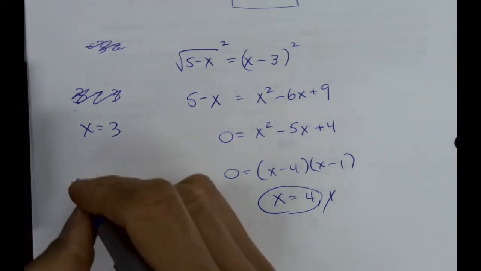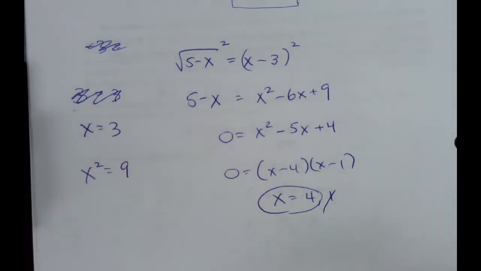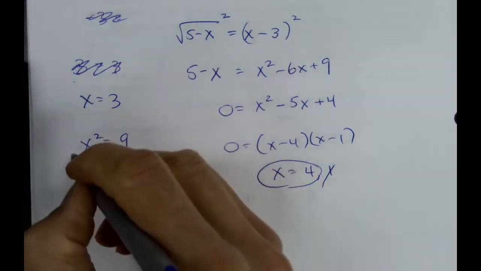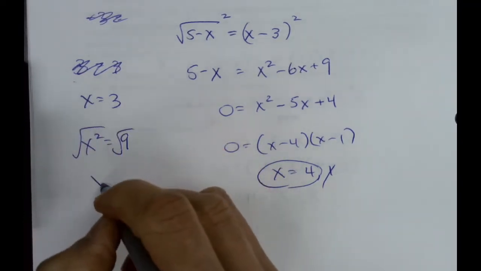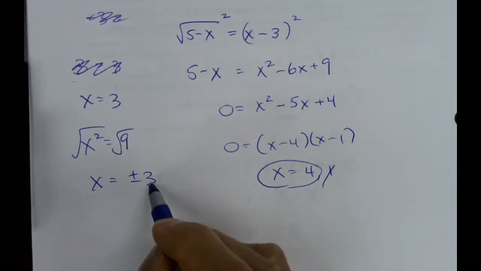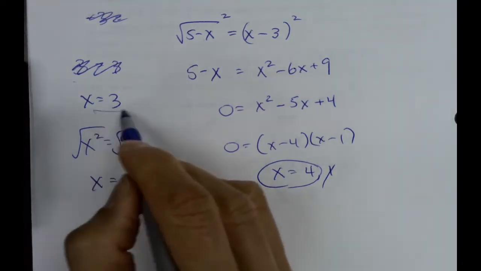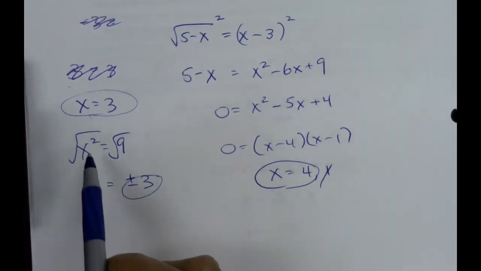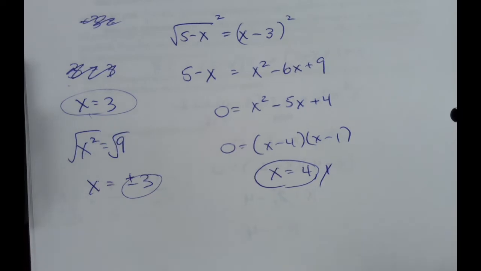Then I square it. x squared equals 9. Then I take the square root, and now I have x equals plus or minus 3. I just introduced a solution, the negative 3, that wasn't there when I began, and that occurred when I squared both sides.